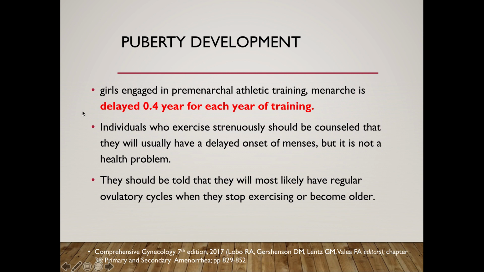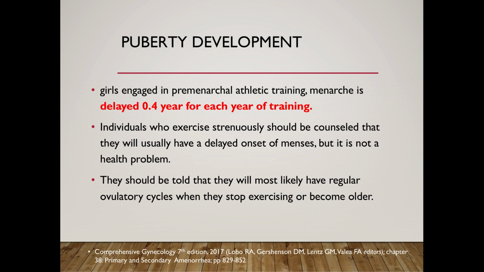For girls engaged in premenarcheal athletic training, menarche is delayed 0.4 year for each year of training. So individuals who exercise strenuously should be counseled that they will usually have a delayed onset of menses, but it is not really a health problem. They should be told that they will most likely have regular ovulatory cycles when they stop exercising or become older.